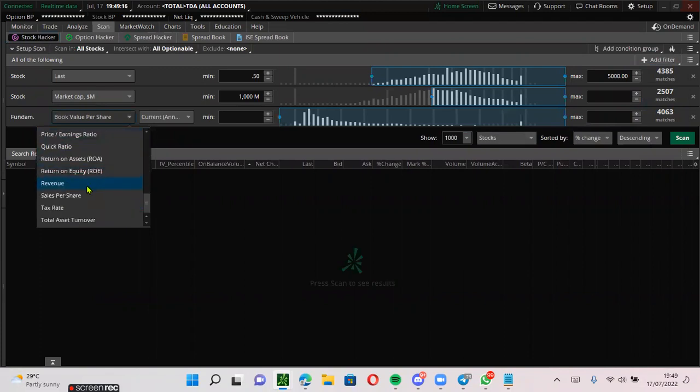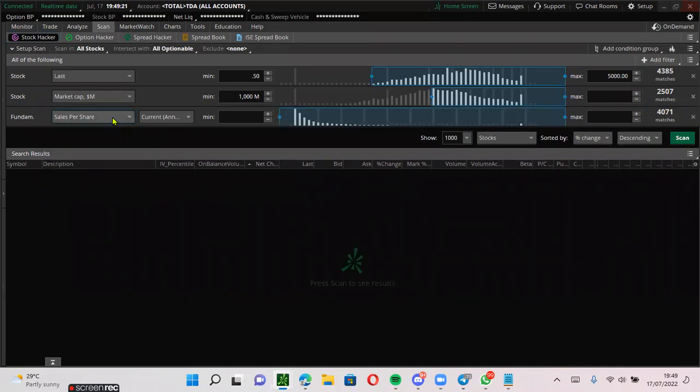There are different sales per share. Look at sales per share. Current annual, you can take a look at year on year percentage. I think I'll see the growth of 10% from the previous years.